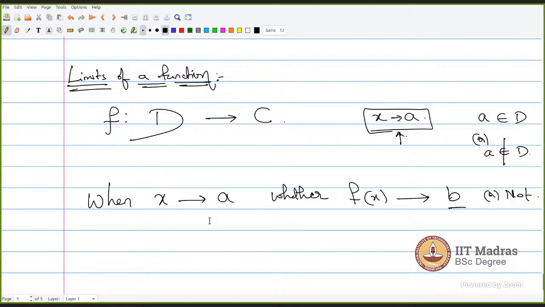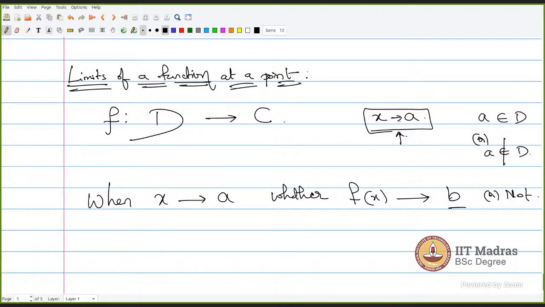When I say limit of a function, it is at some particular point. Not at a turning point, but the limit of a function at a point.